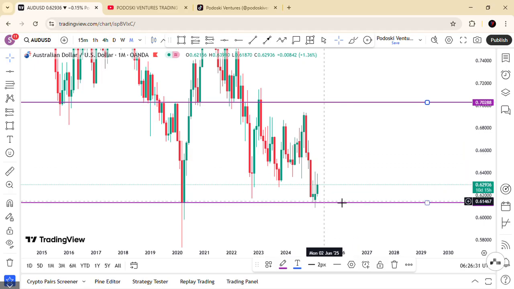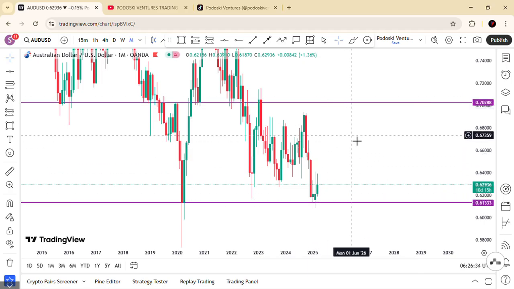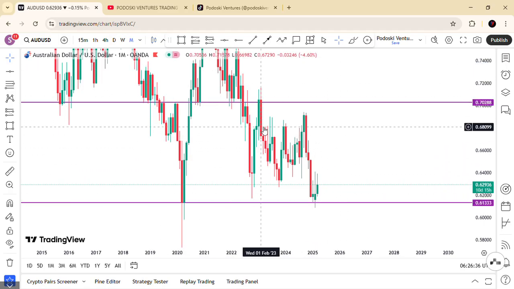So on the monthly time frame, we are still in a downtrend on AUDUSD. So in a downtrend, you are only looking for selling opportunities.